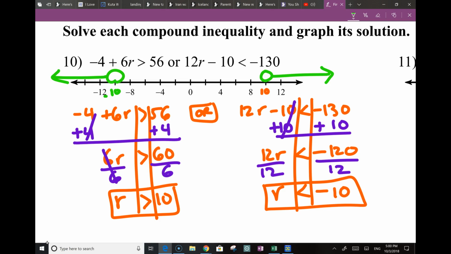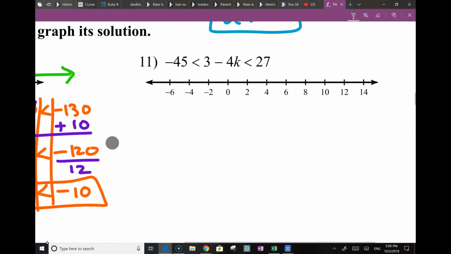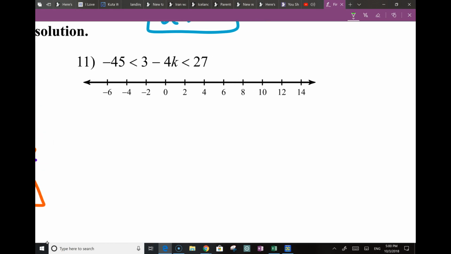And because it's disconnected, its name is actually a disjunction. That's the type of compound inequality this is. Disjunction, disconnected, okay? Very different from the outcome that you will see in number 11. In number 11, everything's sort of put together in one package. You know, it's not separated by the word or.